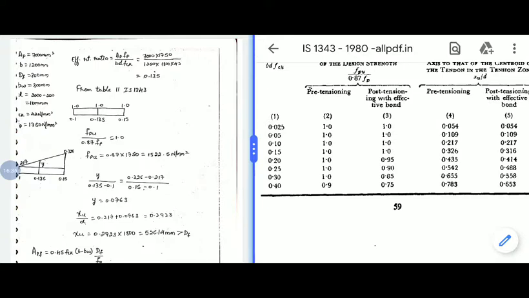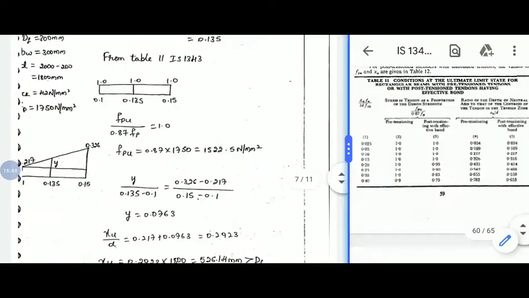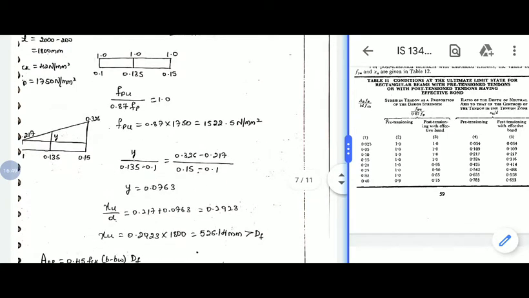Then for the XU by D ratio, we have 0.217 and 0.326. On interpolating for 0.135, we will get XU by D ratio as 0.2923 and we will get XU as 526.14 mm, which is greater than the thickness of the flange, 300 mm.